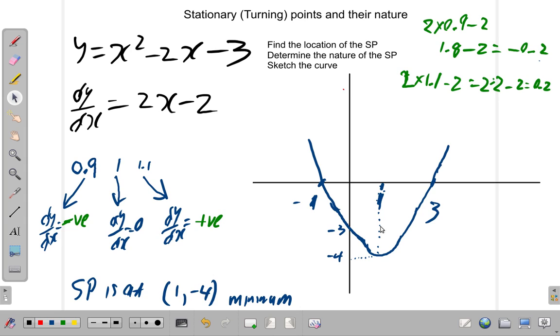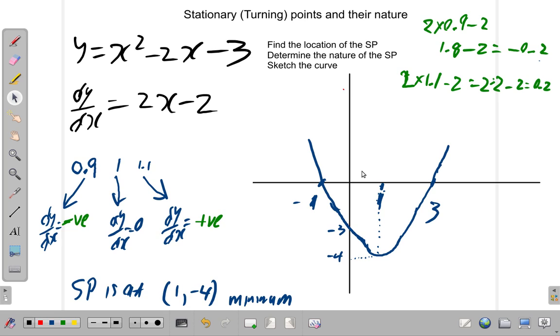To find out whether it's a minimum or maximum point, what we did in one case was to find a value to the left and to the right, 0.9 and 1.1, and they were higher than at 1.